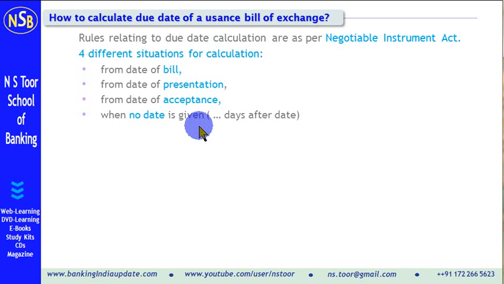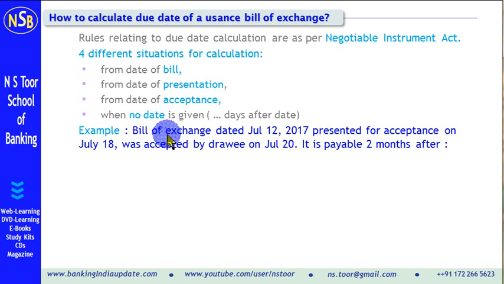Let us see this example. Bill of exchange dated July 12, 2017, presented for acceptance on July 18, was accepted by drawee on July 20, and it is payable after 2 months.